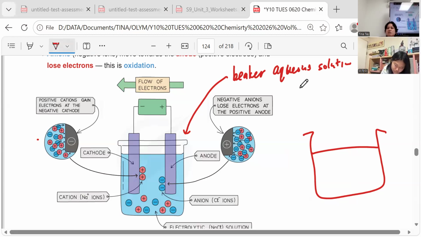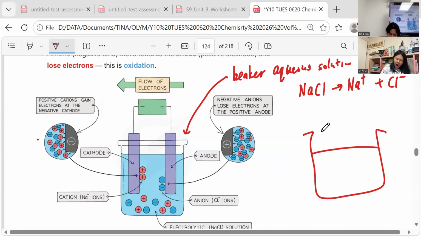Okay, so let's say I use sodium chloride. Now, if I have sodium chloride, it becomes sodium ion and chloride ions, right? Correct? Okay.